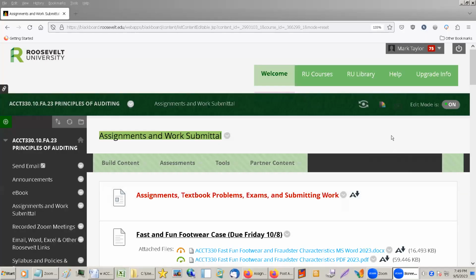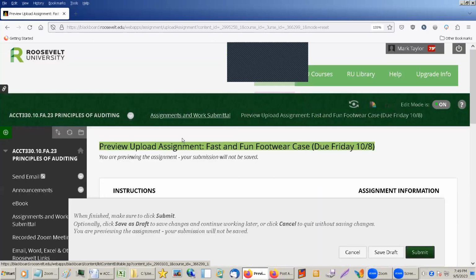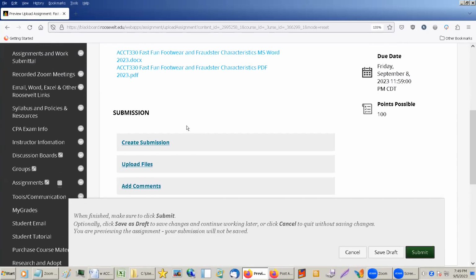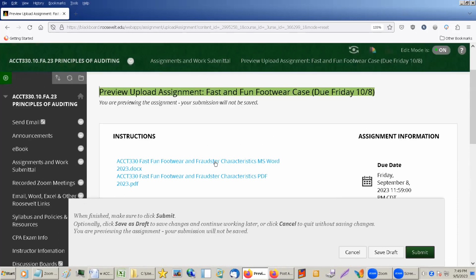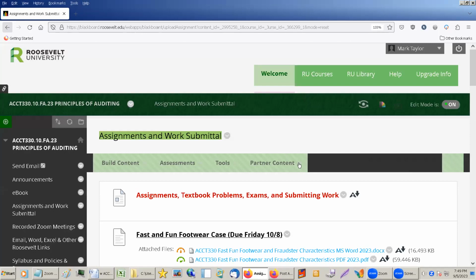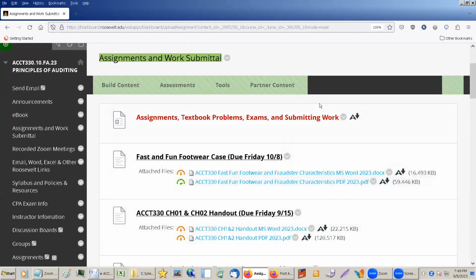All of them have unlimited turning. So if you submit something here, however you submit it, upload the files or whatever it is, you can do it as many times as you want.